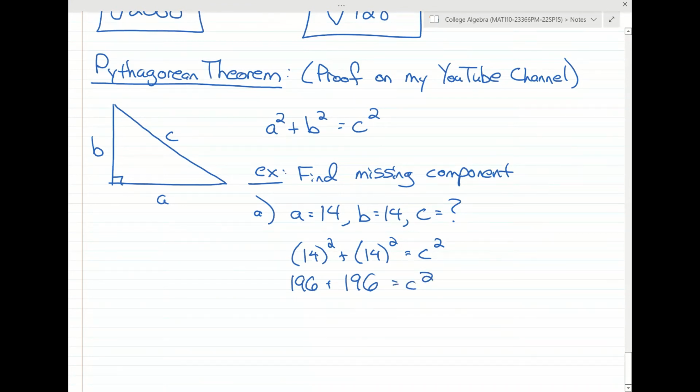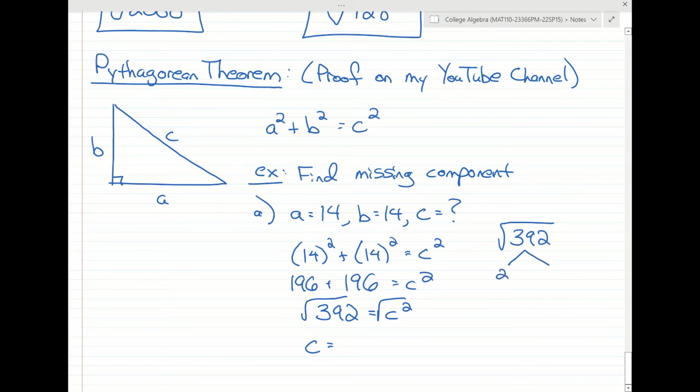Adding those together. When you go to take the square root of this, we get an imperfect radical. Just learn how to do that. So let's simplify the square root of 392.